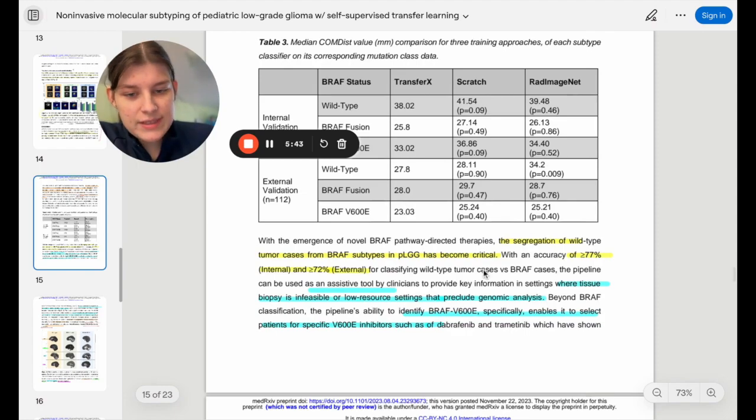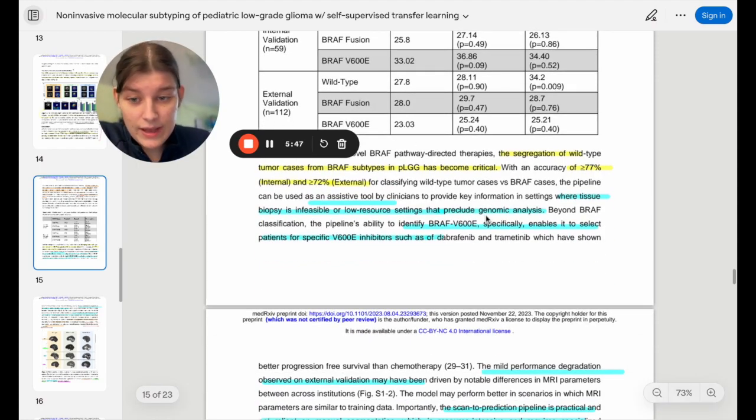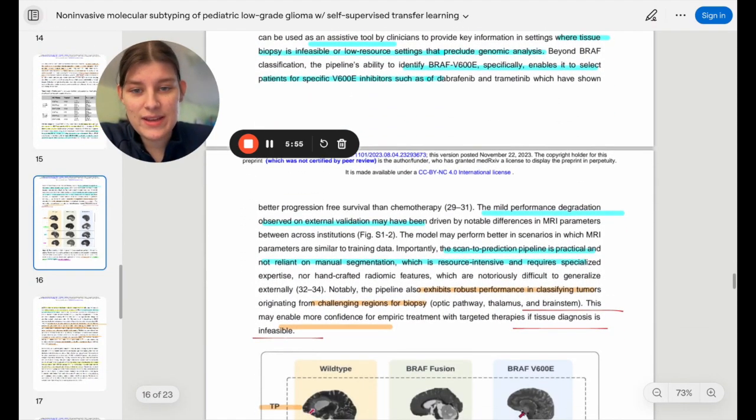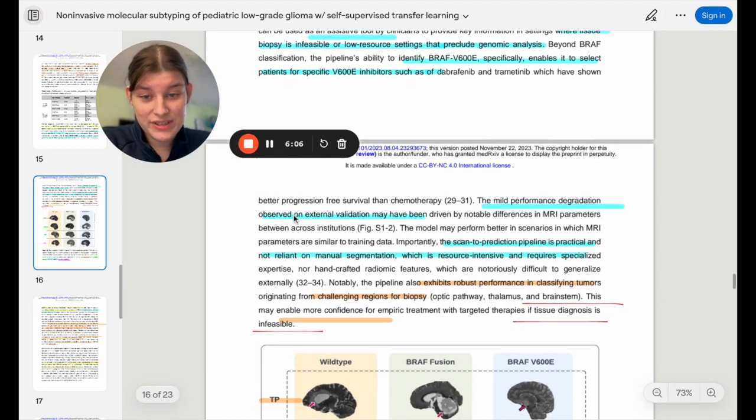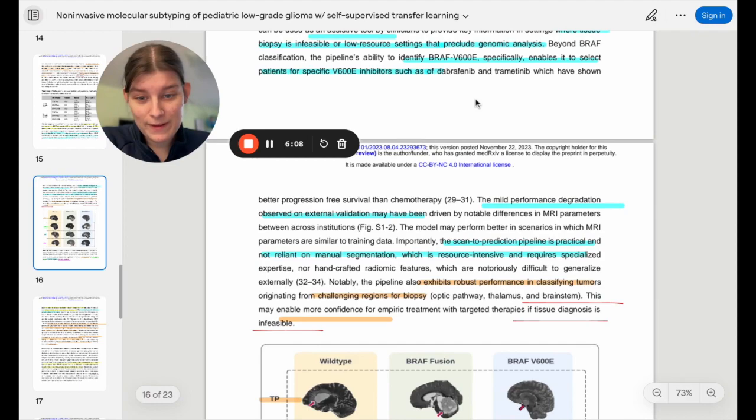So here the accuracy is similar, very close between the internal and external, which is good to say the least. And essentially, having it will not only help enable specific patients to receive these different BRAF inhibitors to hopefully have better progression-free survival than chemotherapy.